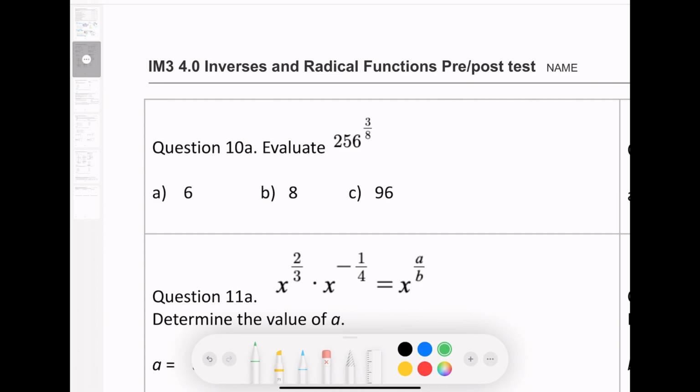All right, I have 10A here to evaluate 256 to the third power divided by 8. So you can write it backwards. And my goal is I want that black number and this yellow number to be the same number. So 256 is 16 squared.